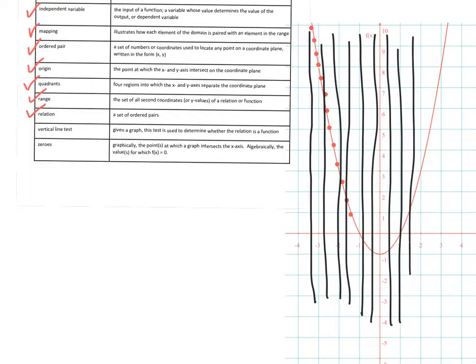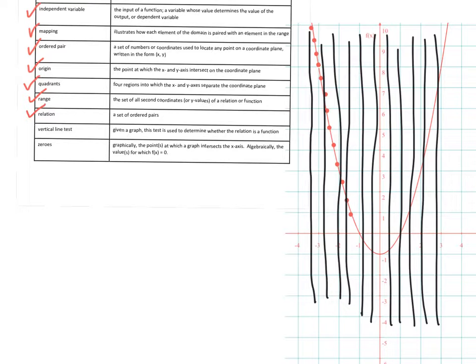So all of these vertical lines are simply saying that that's an x value, and each of those x values cross the graph that we have exactly one time. So that vertical line crosses there, that one crosses there, that one there, and so forth.